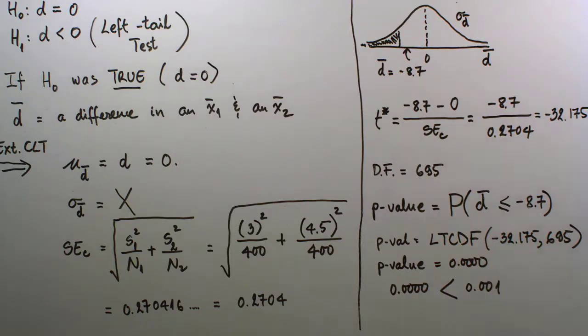With all that reasoning that we have learned through testing a hypothesis from past lectures, this comparison between p-value and significance level is clearly indicating that our d bar is an unlikely sample.